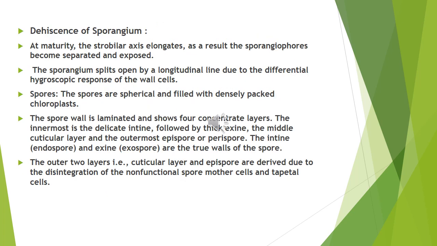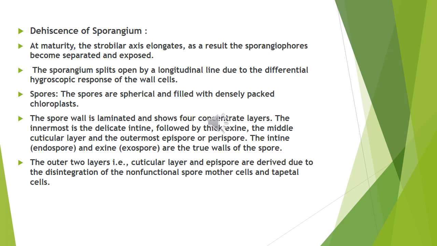Now, dehiscence of sporangium. At maturity, the strobilar axis elongates, as a result of which the sporangiophores become separated and exposed. The sporangium splits open by a longitudinal line due to the differential hygroscopic response of the wall cells.